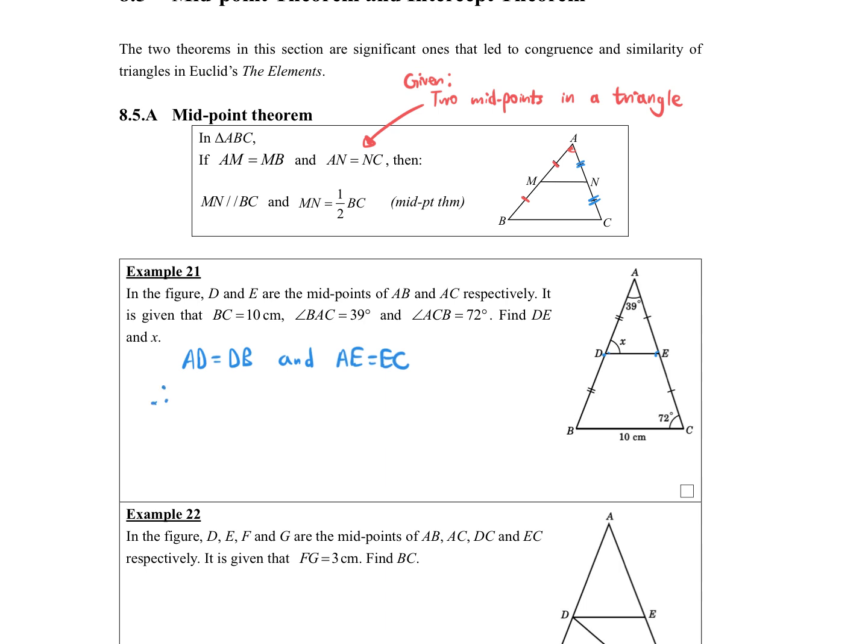And then you can freely say that DE is half of BC and DE parallel BC, just as we said earlier. And these are both denoted as midpoint theorem. Given two midpoints, you have midpoint theorem.